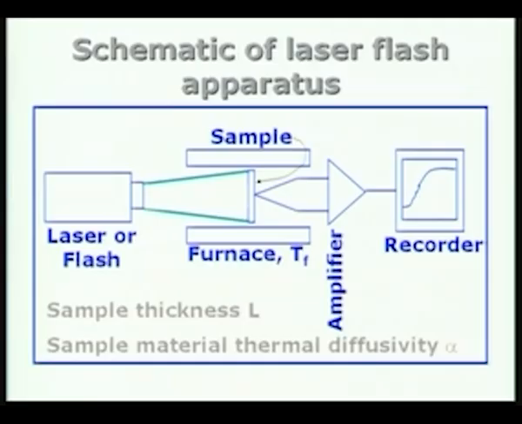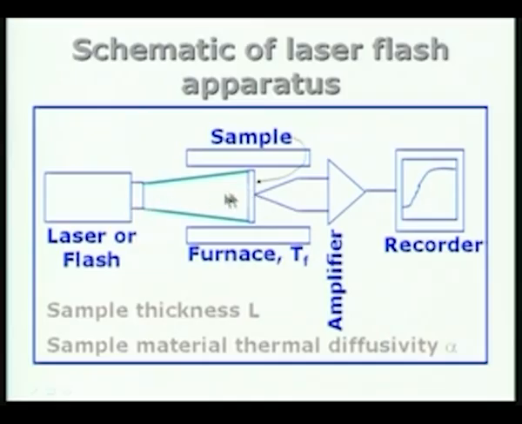And what does the laser flash apparatus give me? Before I tell you what we are going to get, let us look at the apparatus and find out how it is arranged. I have a sample here, a thin slice of the material whose thermal diffusivity I want to measure or estimate.